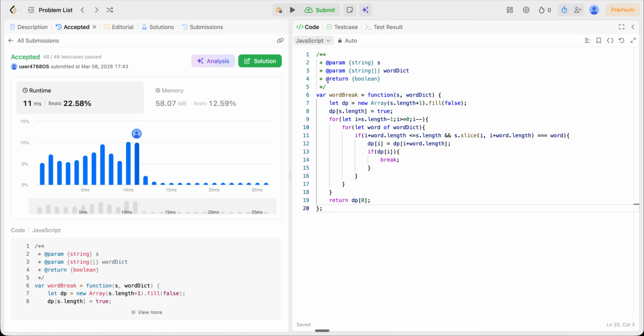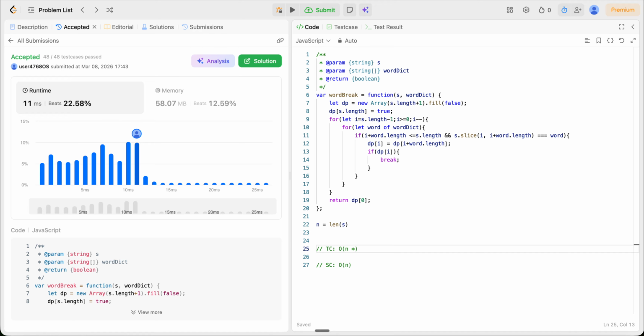Okay, code is accepted. Now let's try to understand the time complexity and also the space complexity. Space complexity is pretty simple. It is big O of n, because we are using the dp array, and n is nothing but the length of s. And in case of time complexity, it is n, because in this loop we are iterating over n elements and we are iterating over all the words.